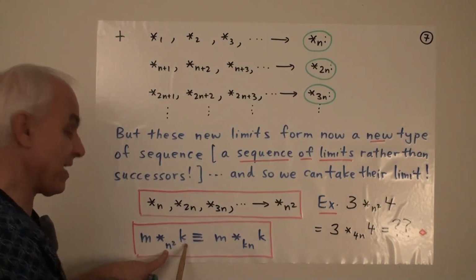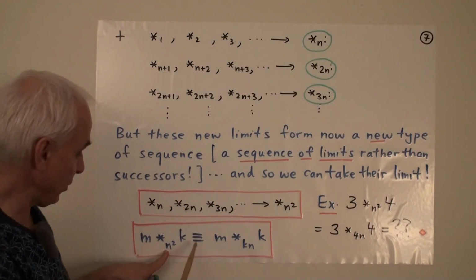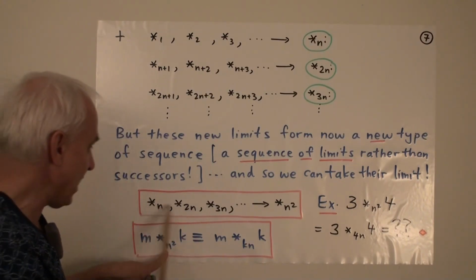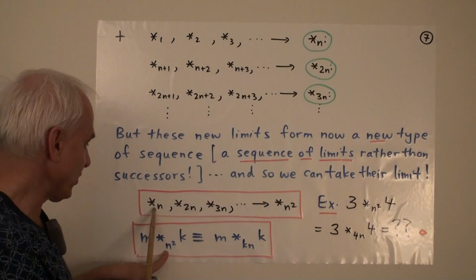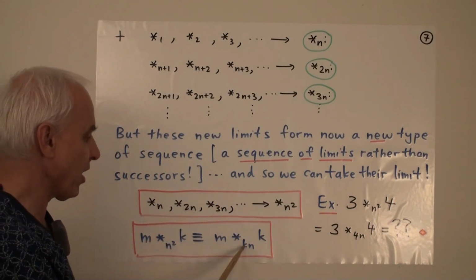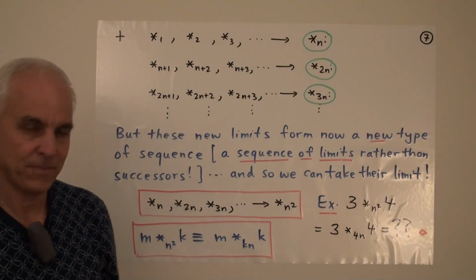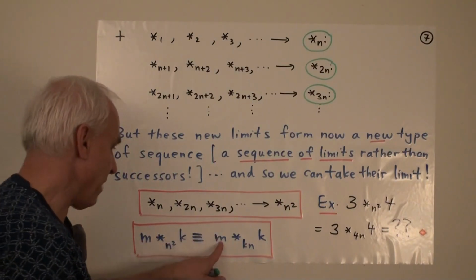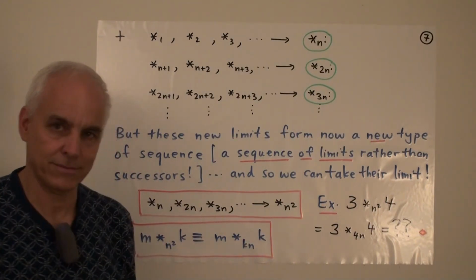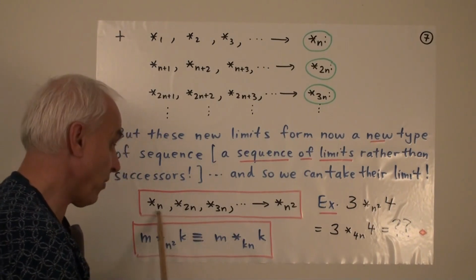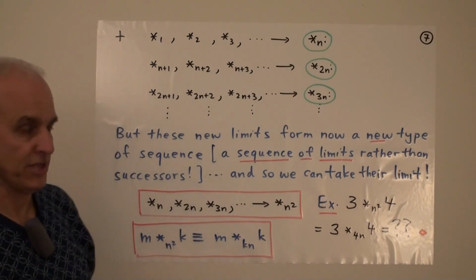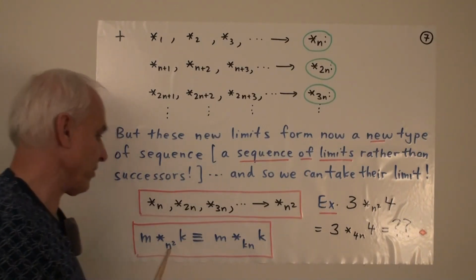And what we do is we take the kth element in this sequence. We look at the second operand, and we take the kth element in the sequence. This is the first element, this is the second element, that's the third element, so the kth element will be star kn. And that's what we do to m and k. We multiply them with the operator star kn. That's already defined, it's already in existence. We're using it to multiply m and k, or maybe we should say exponentiate m and k, whatever.